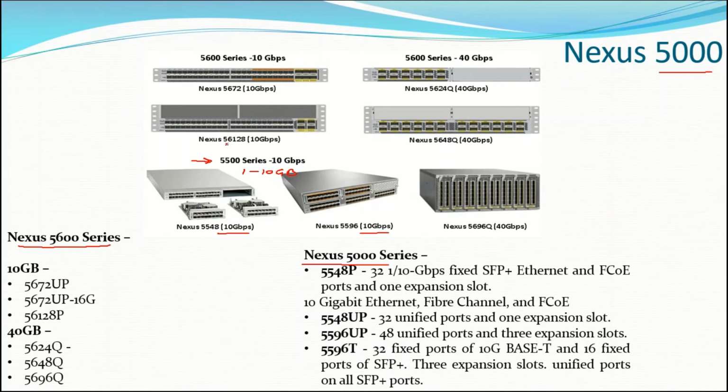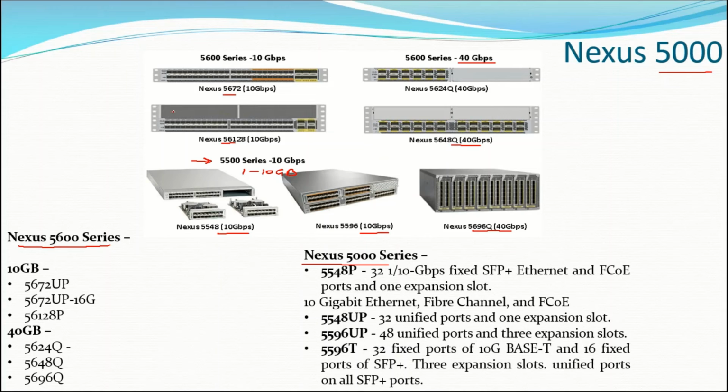But in the 5600, all the switches have up to 40 Gbps of throughput. They developed this as an enhanced version so that we get higher speed and variant flavor.